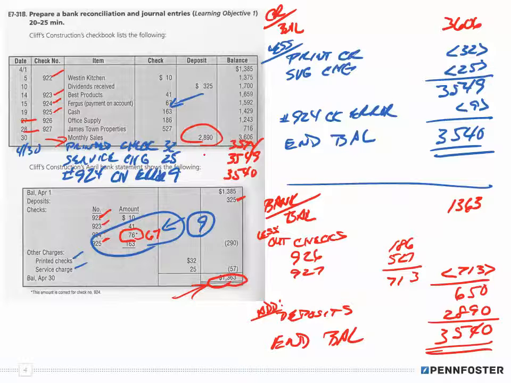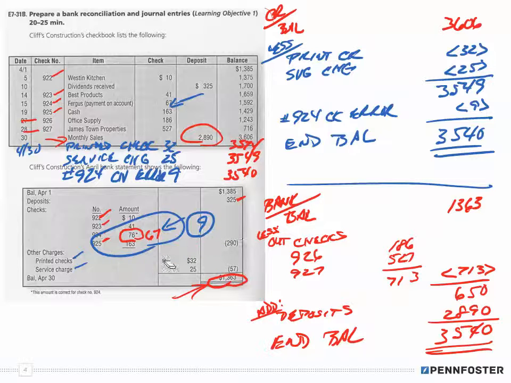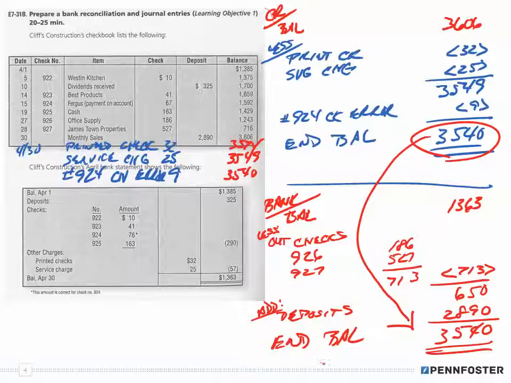Okay, so when I've done the bank reconciliation, which is what we're looking at right here, on this side, I determine that I actually have a balance of $3,540 in the account, because that matches what I have on my bank statement here, right?